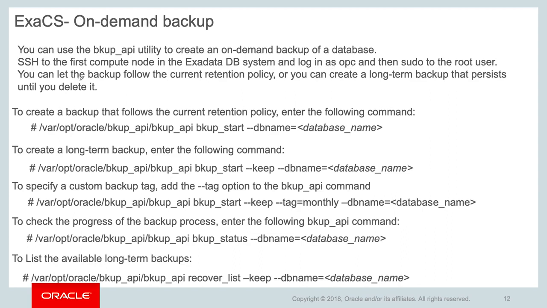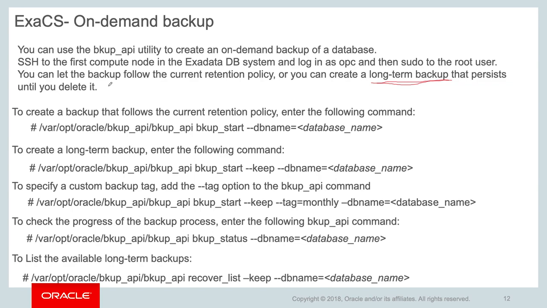You can then let the backup follow either the current retention policy, or you can create a long-term backup. Each database has a backup configuration in place. So if you want to use the same backup configuration, you can go ahead and run the command backup start, and it would be able to do that. But you can also create a long-term backup which can have a different purpose and persists until you delete it.